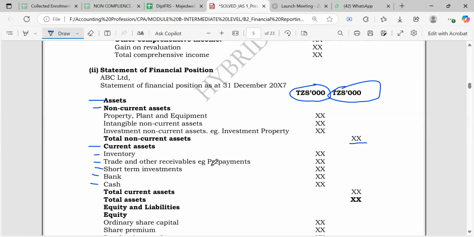Inventory we presume to be the least liquid because you first have to sell it on credit, although that's not necessarily true. You can have inventory that you sell directly, and you could have the trade receivables, and some could even be bad debt.